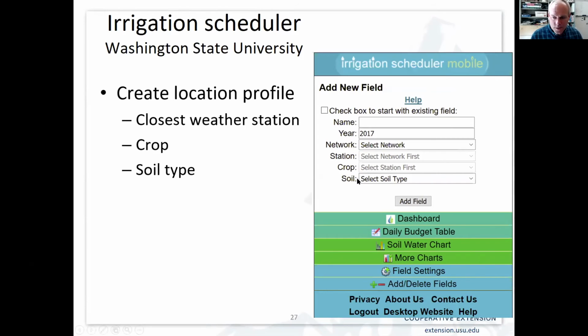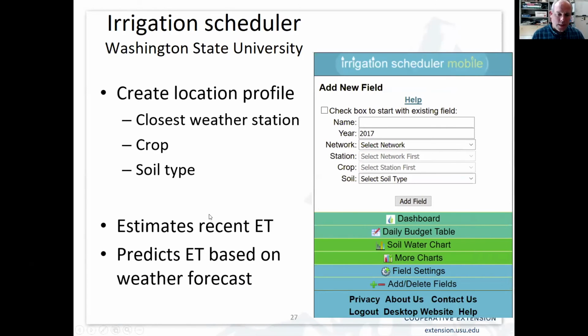Then you also enter your soil type so that it knows roughly what your soil's water holding capacity is. And then, once you have all that information entered in, it will access those weather stations, and it will estimate what your recent evapotranspiration would have been if your orchard was well watered, which is what I just showed you how to do by hand.